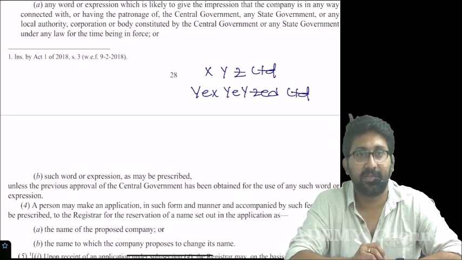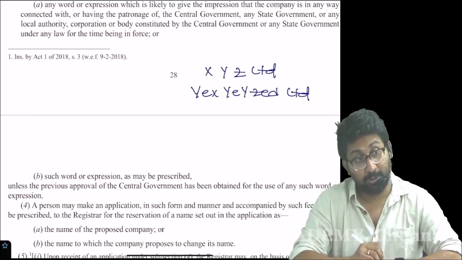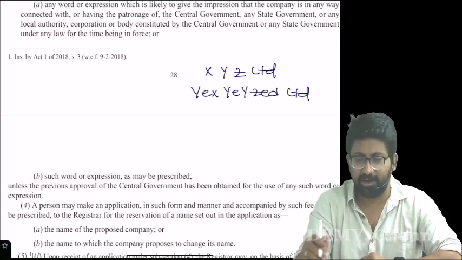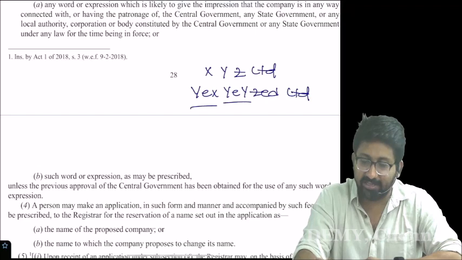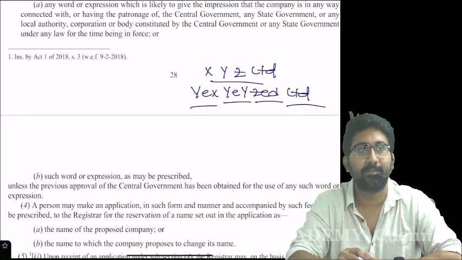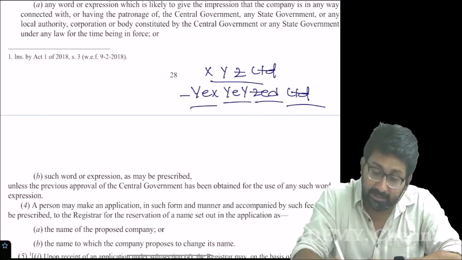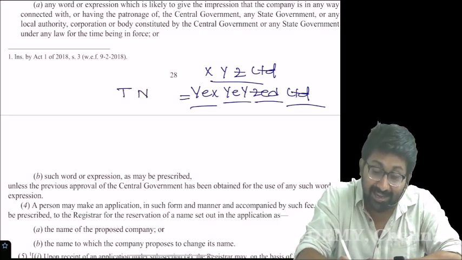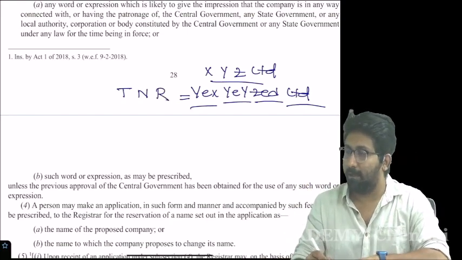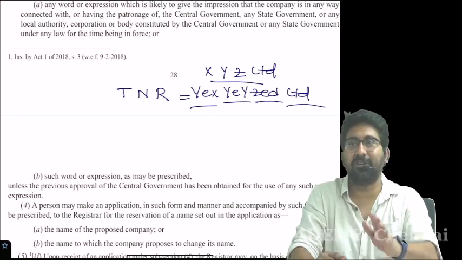Normally you read X, Y, Z limited. This is called too nearly resemble. If you observe, except 2-3 letters, everything is different here.